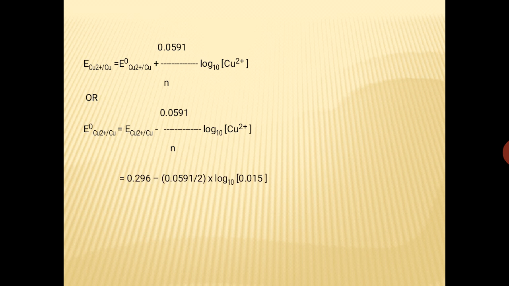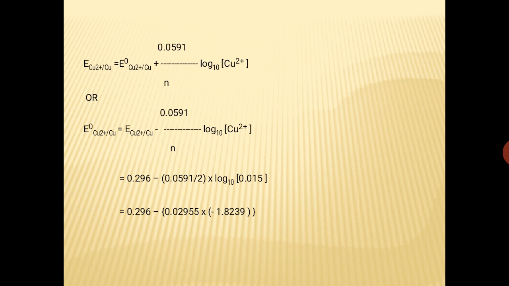So after substituting the values, we are getting E Cu2+|Cu value 0.296 volts minus 0.0591 upon 2, where 2 was the number of electrons transferred, into log to the base 10 of 0.015, which was the concentration term. So now after simplification we are getting 0.296 as it is minus 0.02955, which is nothing but the value when we divide 0.0591 upon 2.